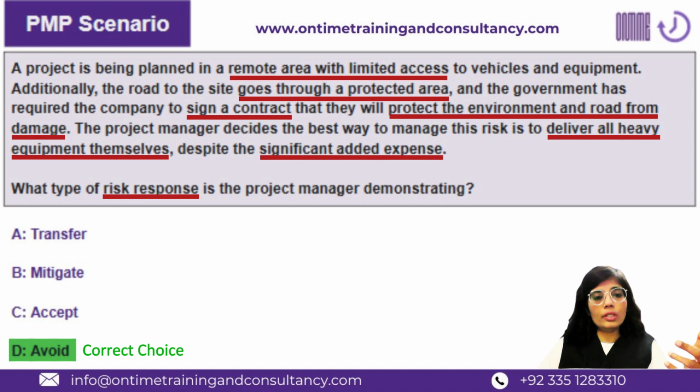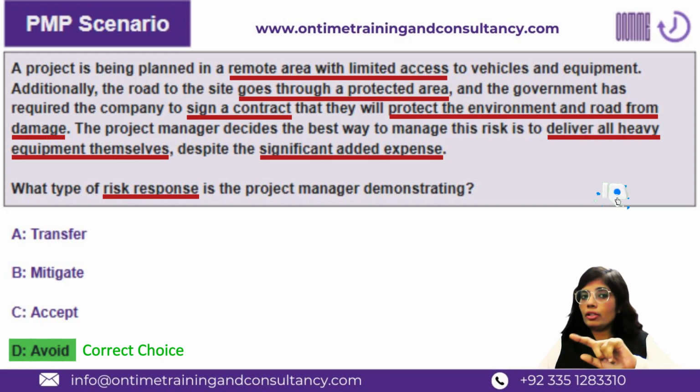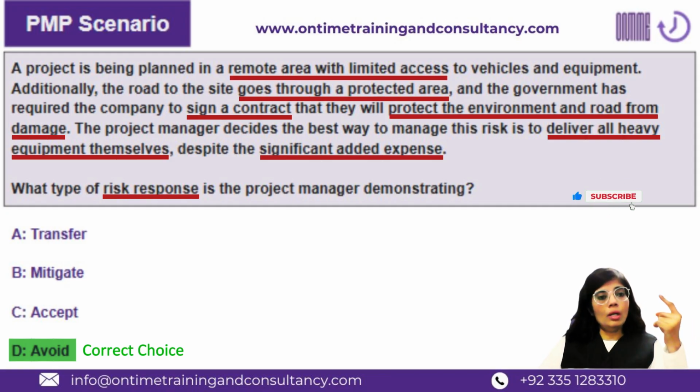And one other reason why avoid is the right answer to this scenario is despite significant added expense. Because in case of avoid, even if it takes extending the plan, changing the critical path, adding more resources, adding more expense, or maybe resource leveling, or whatever it takes to make it work, is actually done, which is being done over here, right?